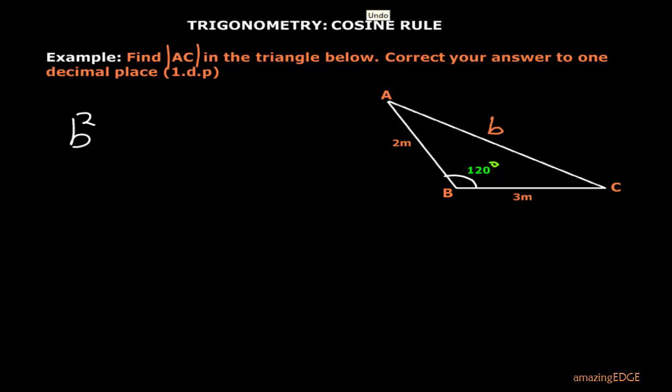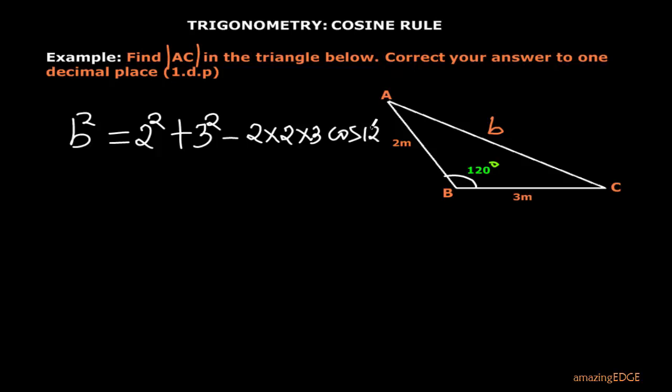So b squared is equal to the squares of the remaining sides, 2 squared plus 3 squared, minus 2ac, which is 2 times 2 times 3, cos B, and B is 120 degrees. So 2 squared is 4, 3 squared is 9, then minus 2 times 2 times 3, which gives 12 cos 120 degrees.